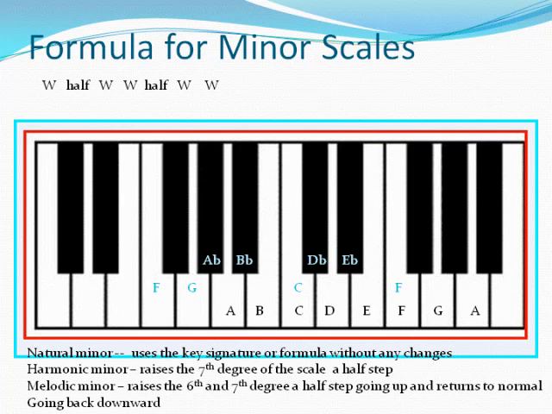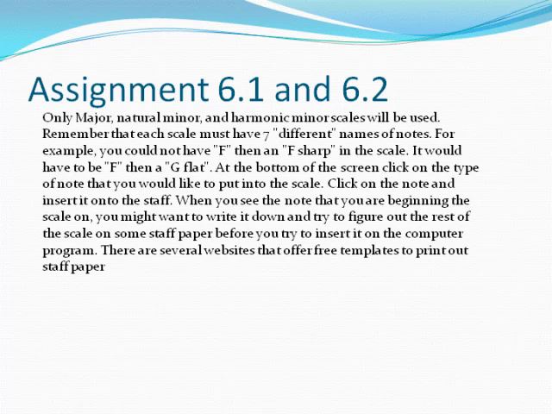Trying to think if I left anything out about those scales. When you get to the assignment itself, assignment 6.1 and 6.2 is done on eMusic Theory. And the directions for 6.1 and 6.2, only major scales, natural minor scales, and harmonic minor scales will be used.